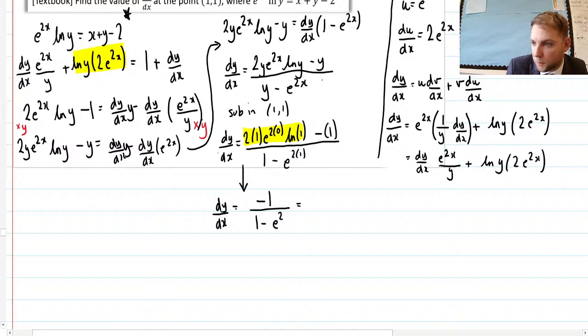Now I'm going to times both top and bottom by minus 1, not e to the 2x. I'm going to keep going. So if I times both top and bottom by minus 1, times by minus 1, times by minus 1, I end up with 1 over e to the 2 minus 1, like so.